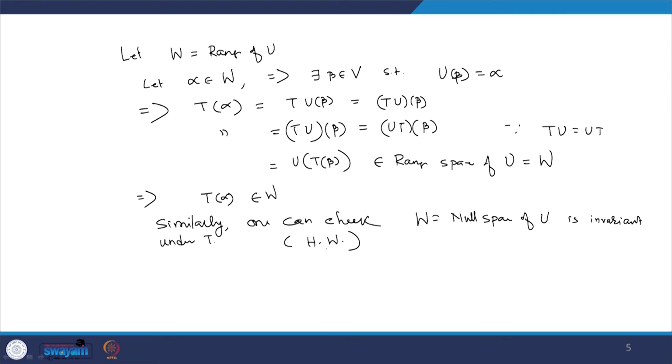Okay. So, we have seen a couple of examples of invariant subspaces.